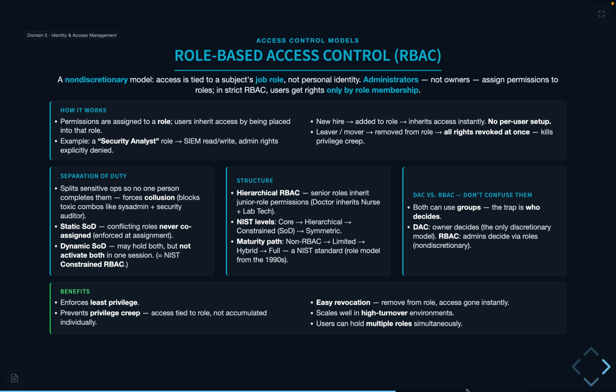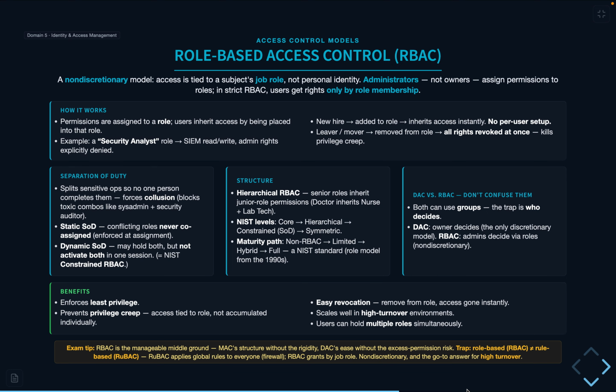But these roles should not be able to perform a sensitive operation, or you have to implement static SOD or dynamic SOD, which I have discussed earlier. So the role-based access control model is the middle ground, since it has the structure of the mandatory access control model, but without the rigidity of MAC.